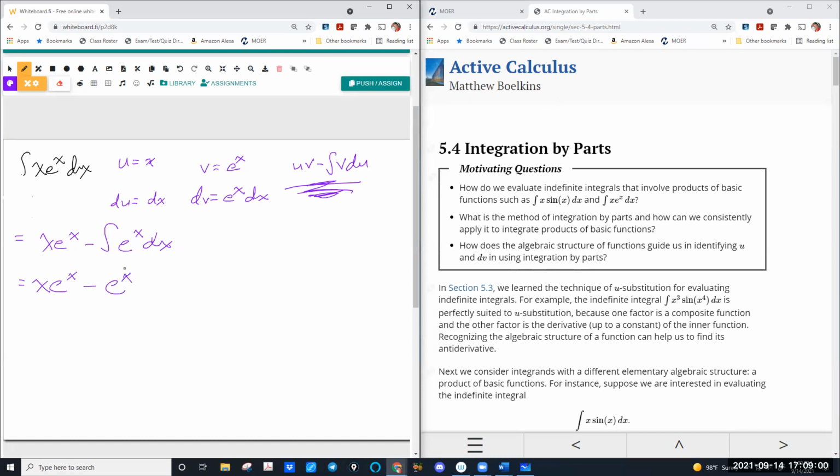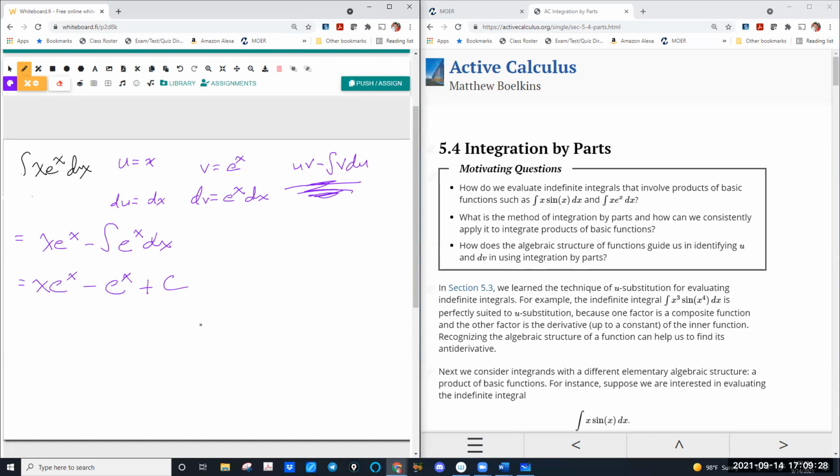I have an indefinite integral, so what do I need for this answer to be 100% correct? Plus c. Plus c. All right. It's an indefinite integral. We need the plus c. Good job, guys. And there is our general antiderivative for this problem.